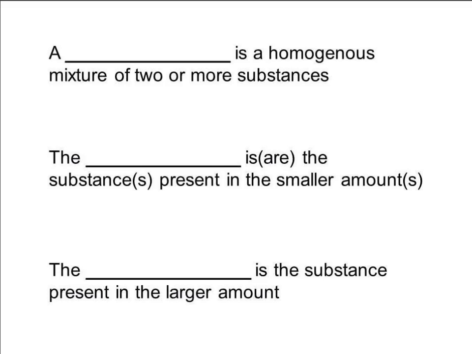We go back to our discussion earlier. Now let me give you a short, brief recall. What do you think is a homogeneous mixture of two or more substances? Anyone? We call this a solution.